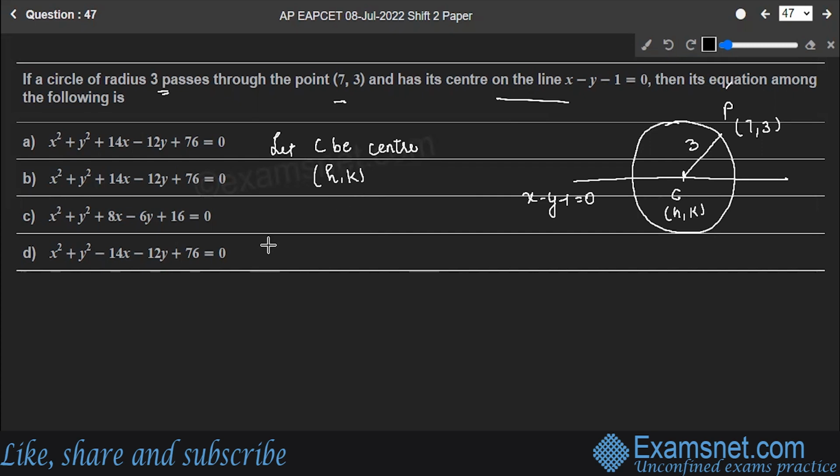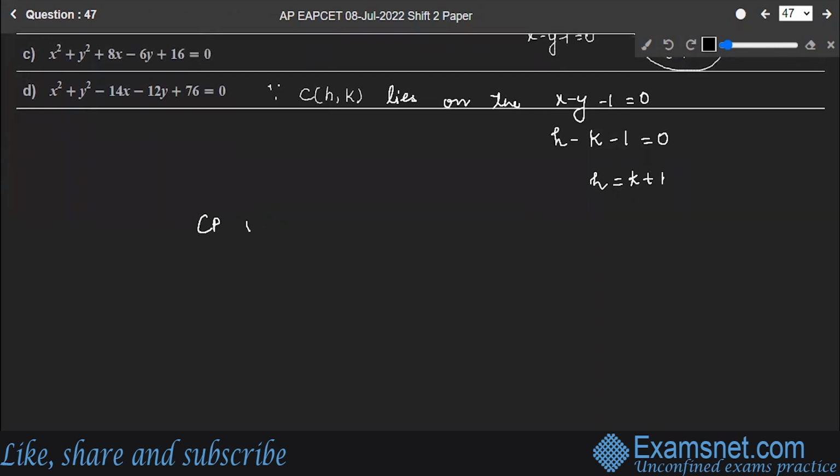Now one thing: because the center, that is (h, k), lies on the line x minus y minus 1 is equal to 0, this gives you h minus k minus 1 is equal to 0, or h is equal to k plus 1. Now you know one thing more, that CP is the radius, and that is equal to 3.